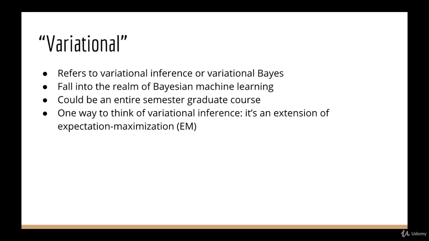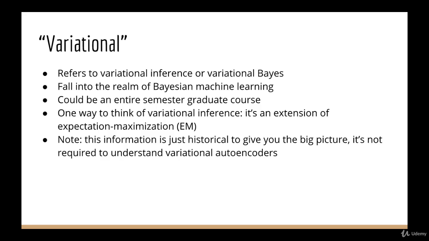One way to think of variational inference is that it's an extension of the expectation maximization, or EM algorithm. Just a warning, a lot of this information is not directly related to how variational autoencoders work. It's just sort of historical information to give you a better sense of the big picture. So if you don't quite get it, don't worry. It's not required to understand the underlying mechanics of the variational autoencoder.